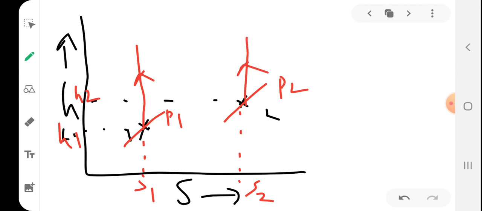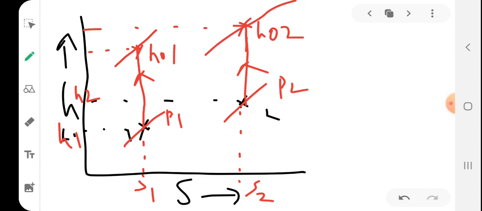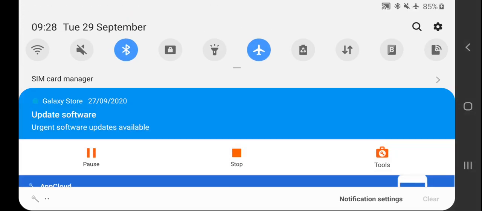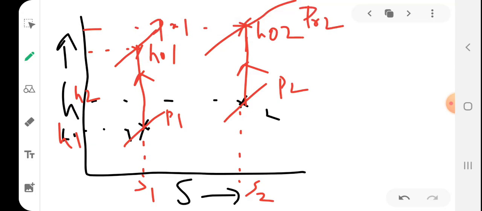It will reach a position called 01. The enthalpy corresponding to this should be H01, and for this H02, and the pressure lines should be P01 and P02. So this point is 01, this point is 02. S1, S2 remain constant. These are the two stagnation properties.